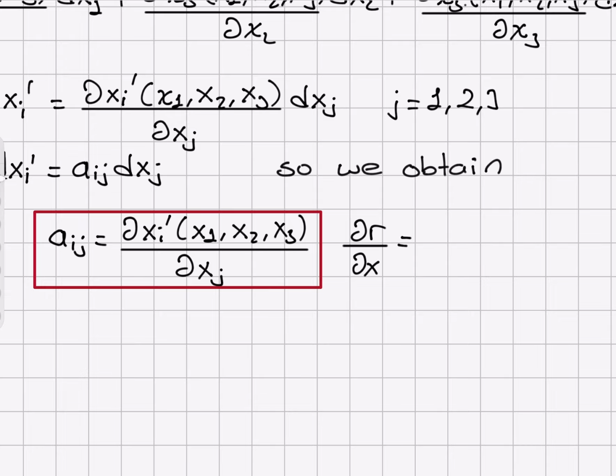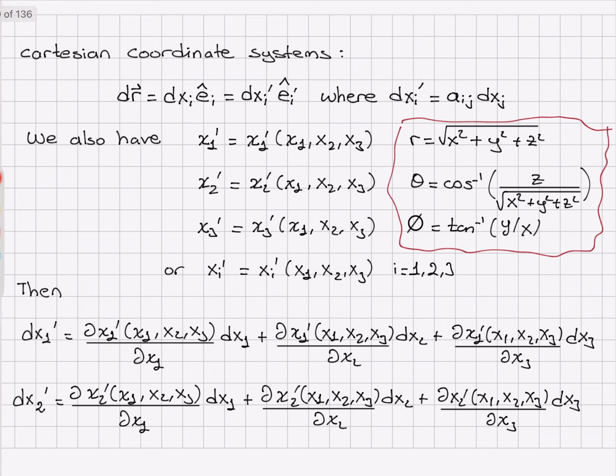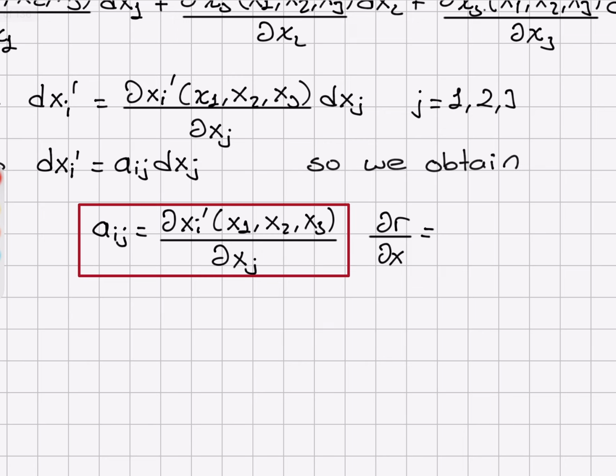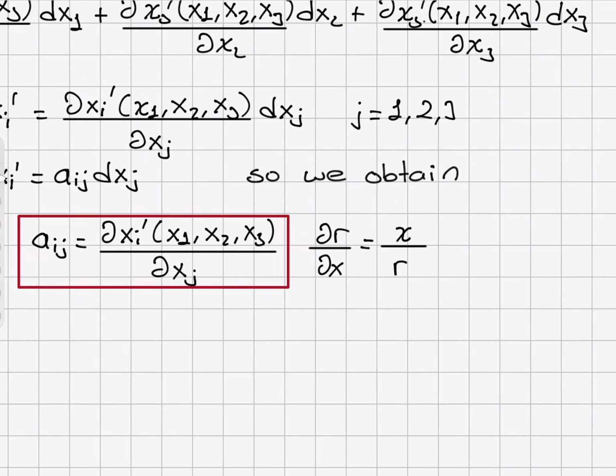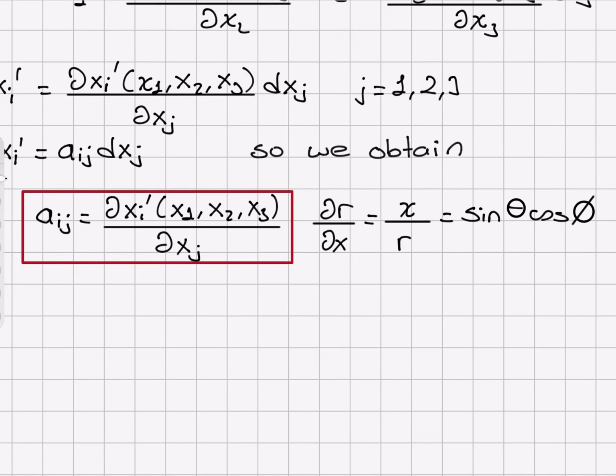What is del r del x? The derivative of the square root would give me 1/2 to the power minus 1/2, and I would get 2x. So 2x and 1/2 will cancel, and I will be left with x divided by r, and we know that x is equal to r sine theta cosine phi, so this would give me sine theta cosine phi. This would be the first transformation matrix element.